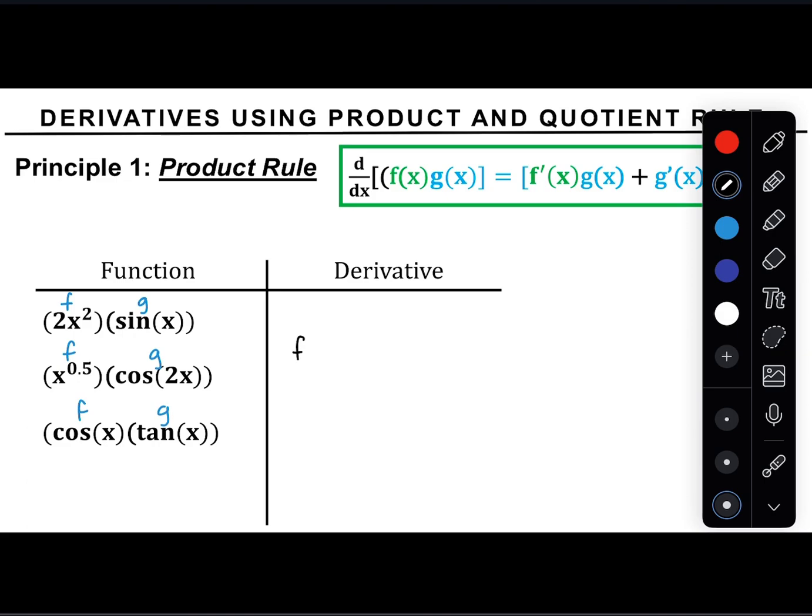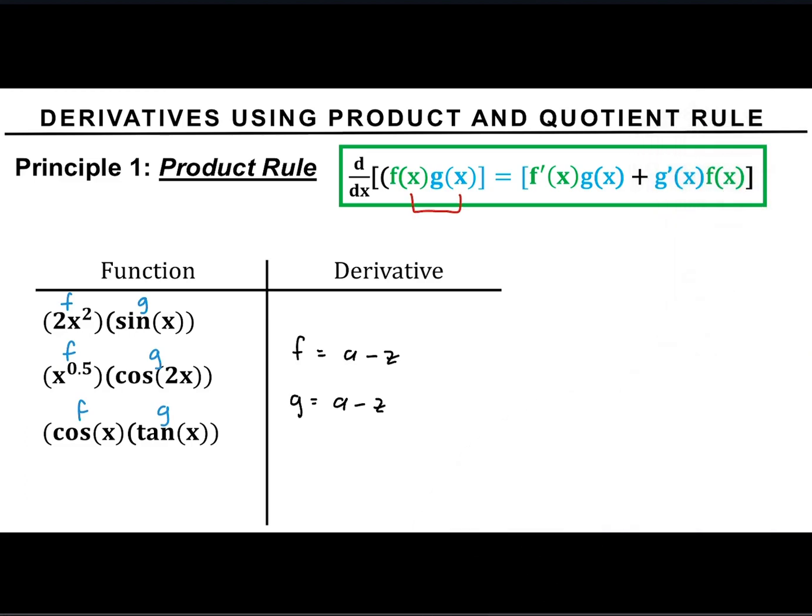The f can be any letter A to Z, and the same thing with g. It doesn't need to be specific to these f and g. However, the order of these two does matter. As long as in your equation you have the derivative of f on this side and the derivative of g on this side, with the respective functions not taking derivatives, it should be okay.